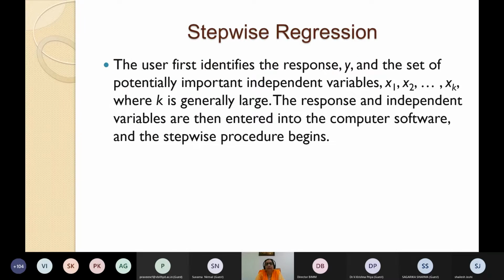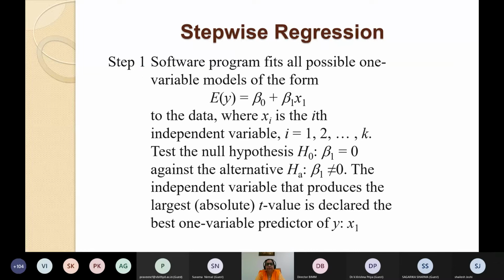So let's take up a problem on how the computer software goes about identifying the relevant variables. These are the different steps of stepwise regression taken by the software. First, the software program fits all possible one-variable models of this form, where xi is the ith independent variable.